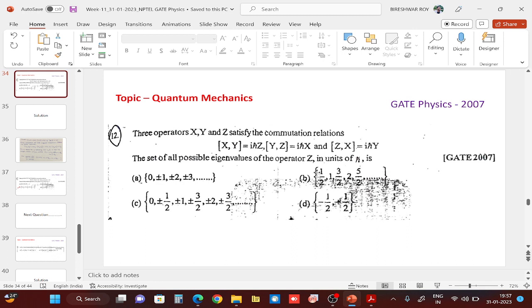But here negative values of JZ, or MJ you can say, have not been considered. So this can be discarded. This is a subset of this. If it is a multiple option correct question, then B and C would obviously be answers. But here it asks for the set of all possible eigenvalues, so that will be the answer. This is a confusing question, sir. Yes, this is a confusing question.